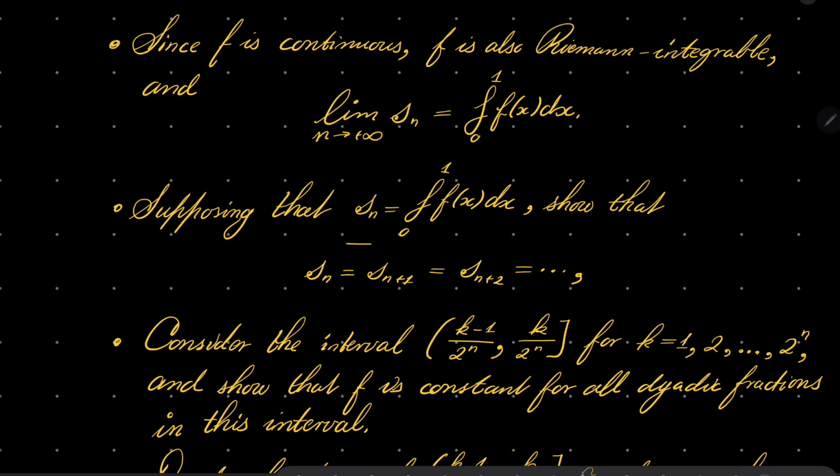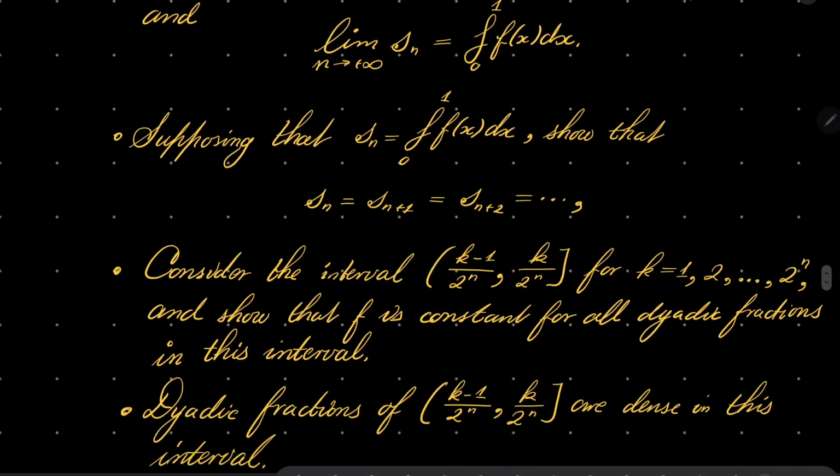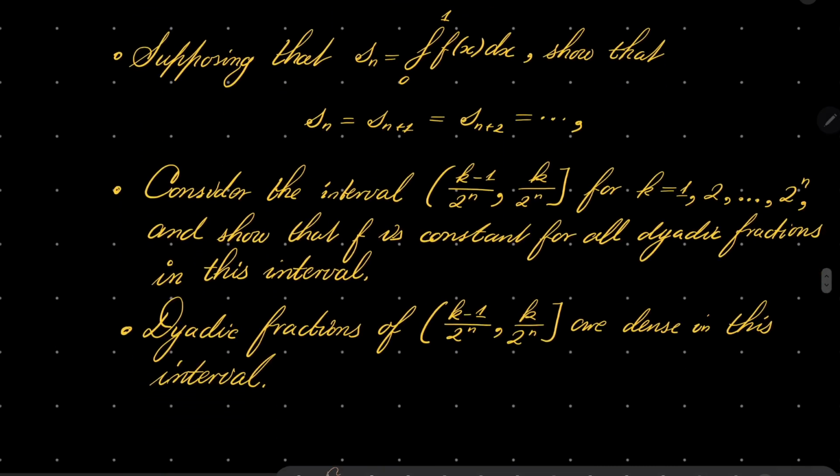And now suppose that our integral equals Sn, some term of our sequence. Show that our sequence is stable from this point, so it's constant: Sn equals Sn plus 1 equals Sn plus 2 and so on. And now the funny part, consider the interval [(k minus 1) over 2 to the power of n, k over 2 to the power of n] for any k, and show that our function is constant for all dyadic fractions in this interval.